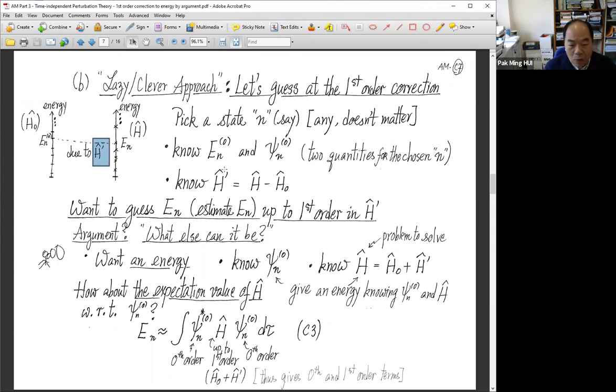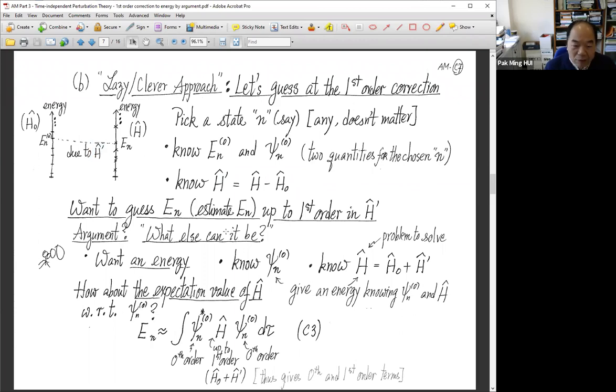So let's see what's known, what is unknown. We know the eigenvalue and eigenfunctions for H0. After we identify H0, we know what the perturbation term is, okay? Now, let's look at what we are asking. We want to know the first correction term due to H prime. By first, I mean first order, okay? Let's see what do we have.